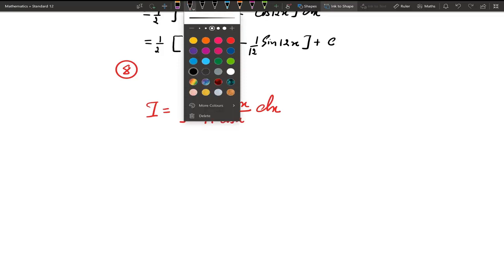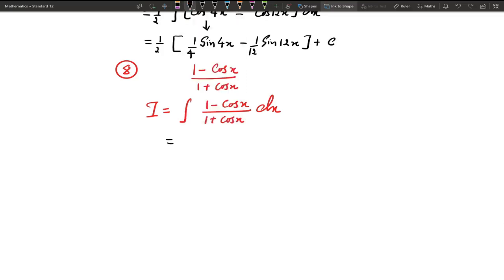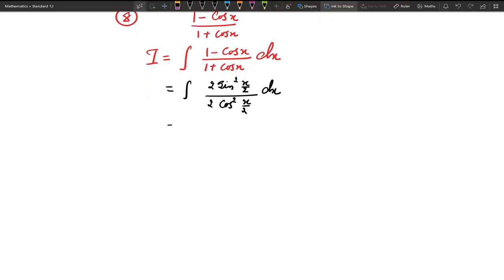Now using a trigonometric formula, this is 1 minus cos x equals 2 sin squared x by 2, and 1 plus cos x equals 2 cos squared x by 2 dx. So it will be a known formula: tan squared x by 2 dx.